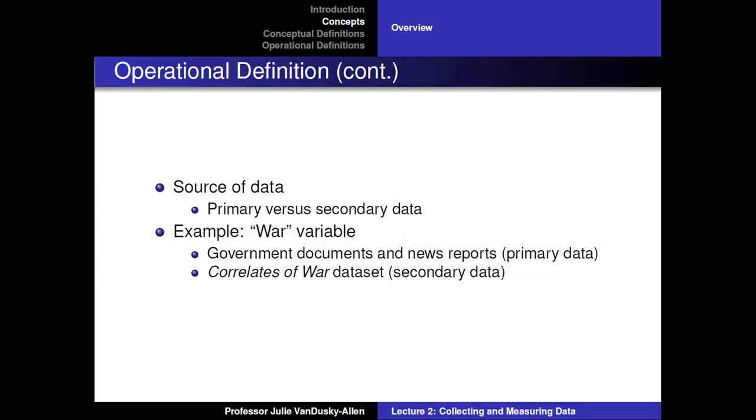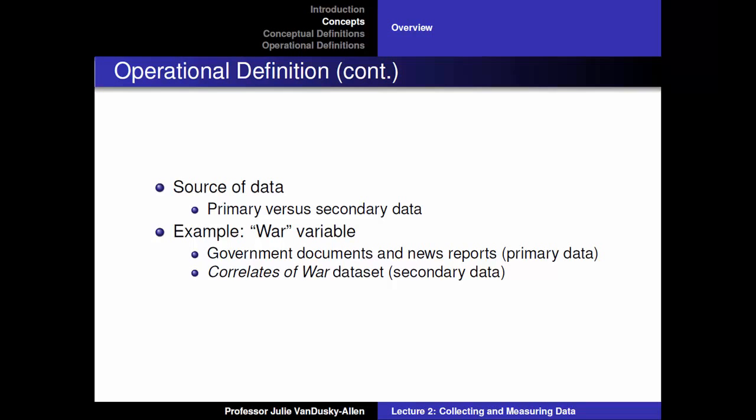The operational definition also tells us where we got the information to measure our variable from. Based on this information, we would know whether our variable was collected using primary data or secondary data. Primary data is data we collected, and secondary data is data someone else collected.